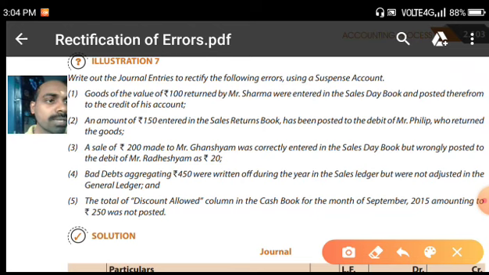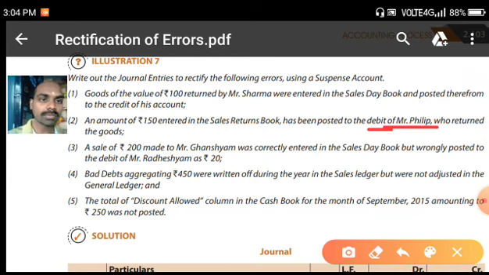But the mistake made is that it is debited to Mr. Philip. So while rectifying the entry, instead of crediting we have debited, so we need to take double the amount for rectification, instead of taking 150 rupees singly.